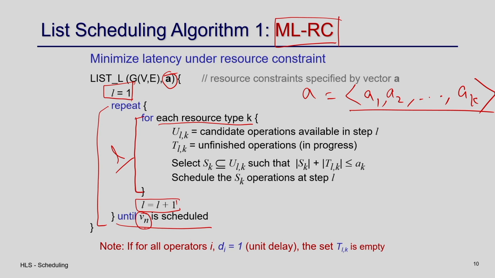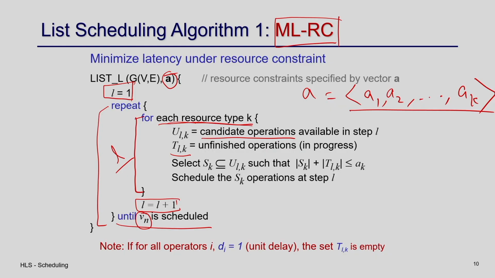Okay. So, what I am going to do here? For each type of resource k, I will identify the candidate operations which are ready to be scheduled in this timestamp, and that I have already explained, that means for these operations all the predecessors on which this operation depends have finished their execution before L, right.